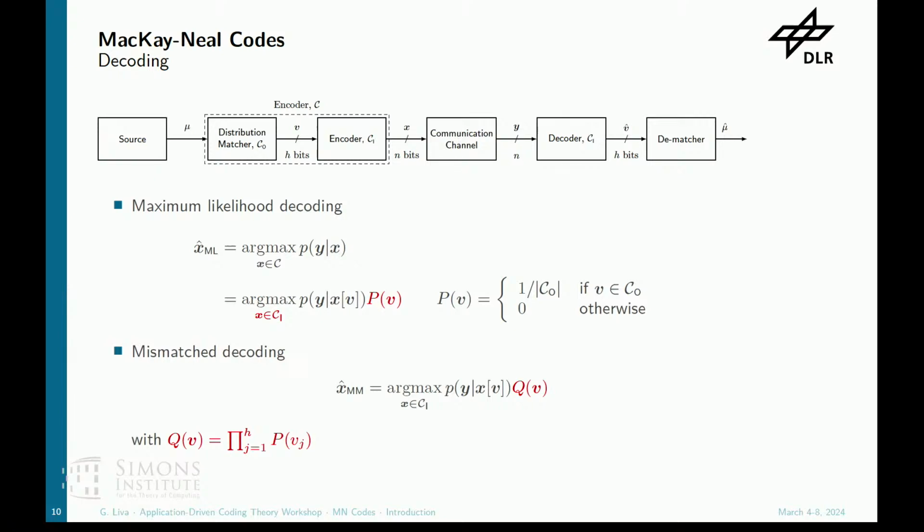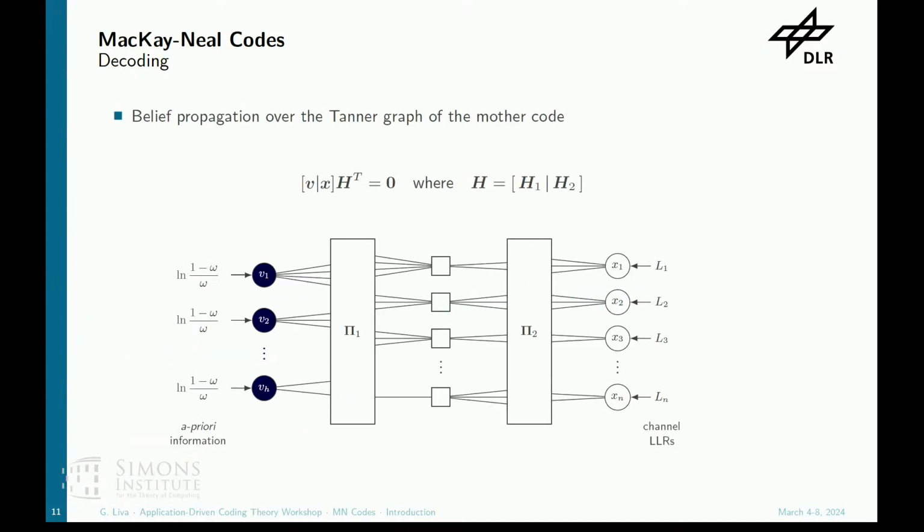If I take the product of the marginals, here I'm going to consider actually all code words of the inner code in the decoding, but the ones that are originated by an input with an empirical distribution very different from the one that we set are going to receive a very low probability. And so this term is going to kill the decoding metric for non-valid inputs. So that's the intuition.